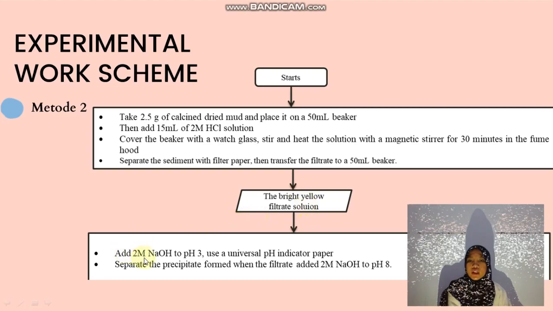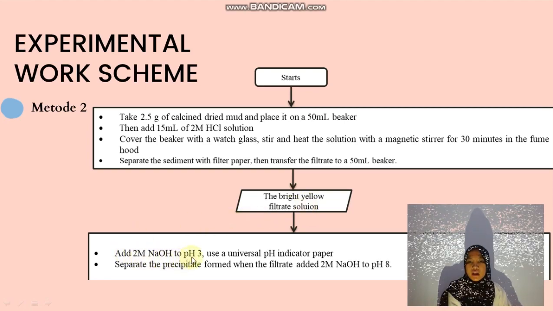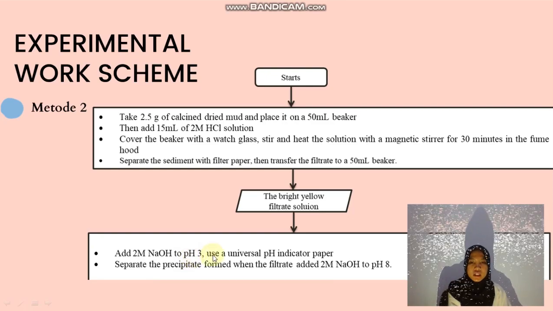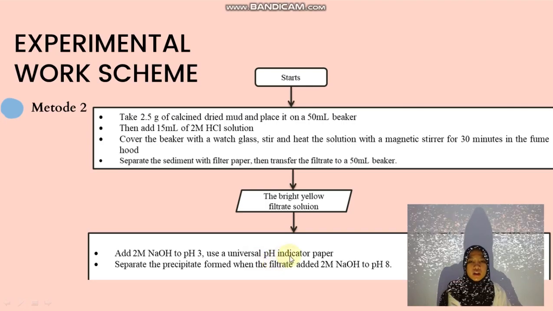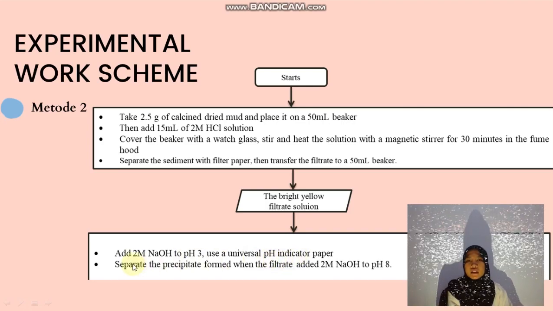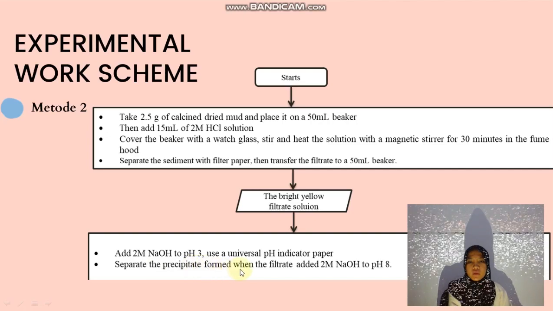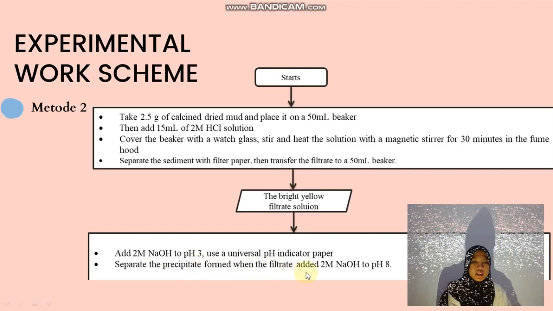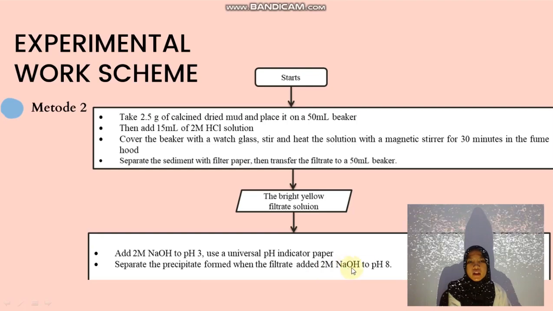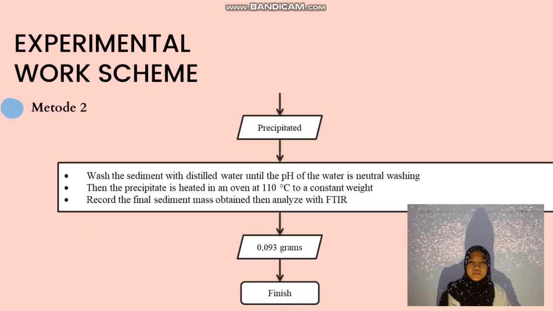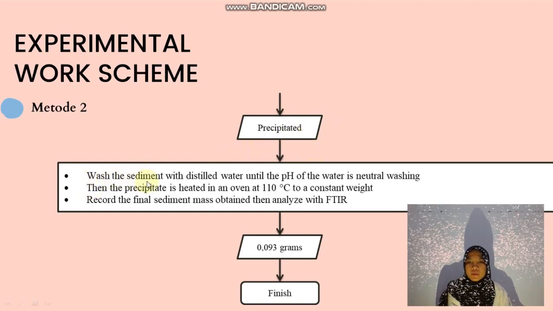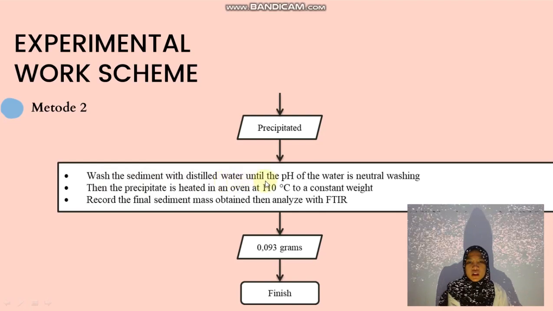Next, add 2M NaOH to pH 3. Use universal pH indicator paper. Separate the precipitate formed when the filtrate is added 2M NaOH to pH 8. Next, wash the sediment with distilled water until the pH of the washing water is neutral.